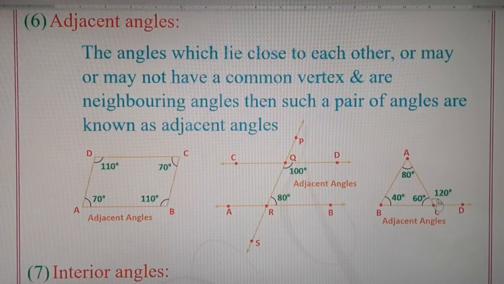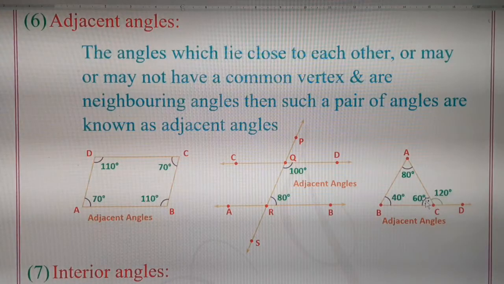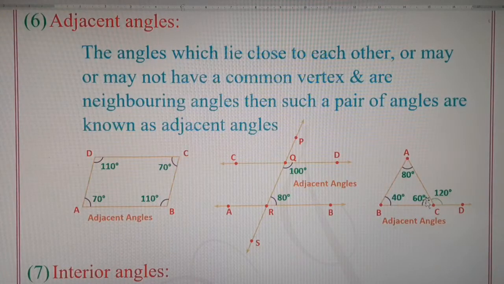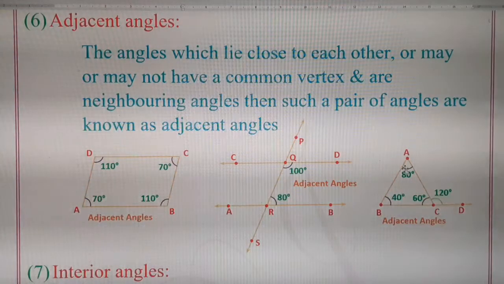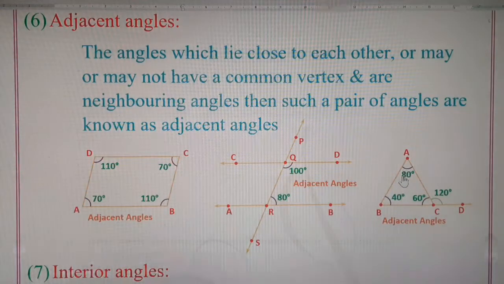Angle ACD is called the exterior angle and angle ACB is called the interior angle for this given triangle. Angle ACB is called the interior angle and angle ACD is called the exterior angle as it lies outside the triangle. While angle A and angle B will be known as the interior opposite angles.